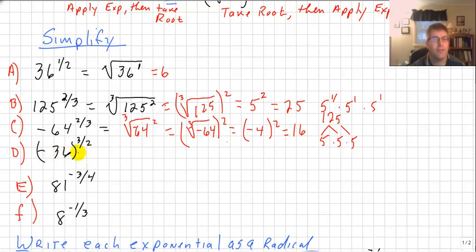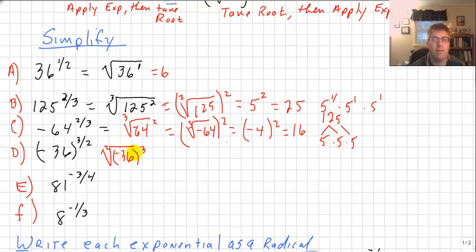Negative 36 to the 3/2. Power over root, so it's the square root of negative 36 cubed. We can cube negative 36 and then take the square root, or we can try to take the square root of negative 36 and then cube it.